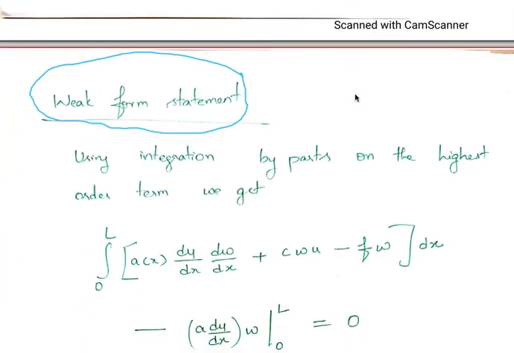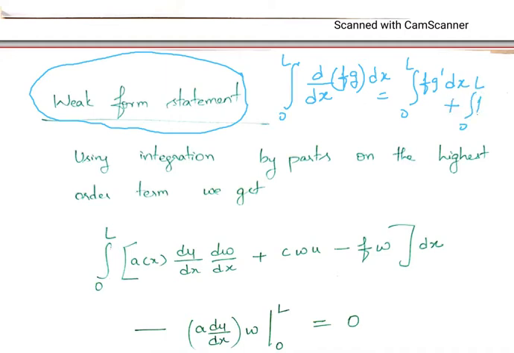So how do we do it? What is the weak form, and how do you do integration by parts? Let us say once again you are looking only at 1D. If I have the integral from 0 to L of d by dx of f times g, both functions of x, dx, what will this be? This will be integral 0 to L f into g dash dx plus integral 0 to L f dash g dx, correct?